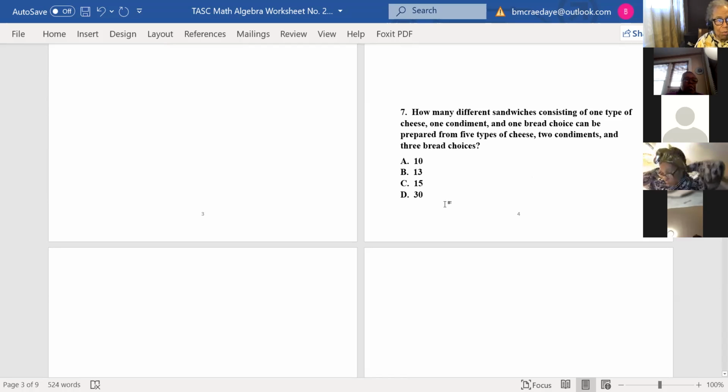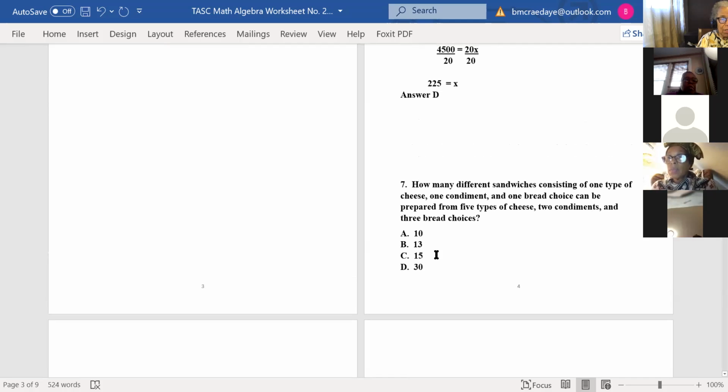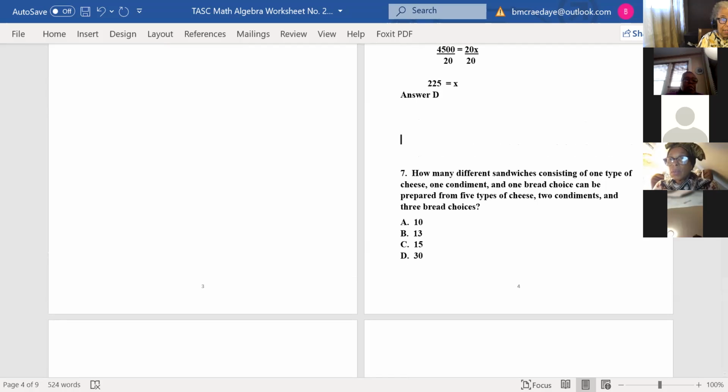So what do you do, Maureen? What do you do to solve this? Multiply 5 by 2 by 3. Okay, Maureen is exactly right, because to get the number of different sandwiches you can make, you take all the numbers that are given for each item that makes up the sandwich, the cheese, the condiments, and the bread, and that would be the 5 times the 2 times the 3, which would give you 30.